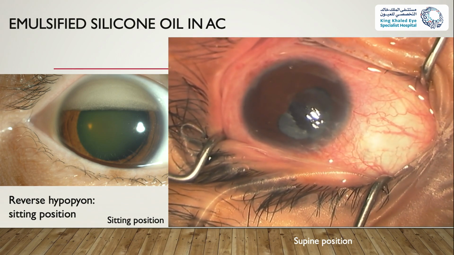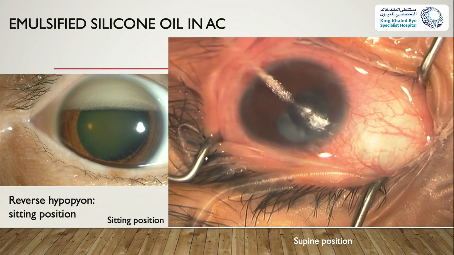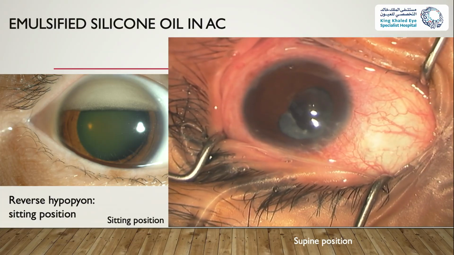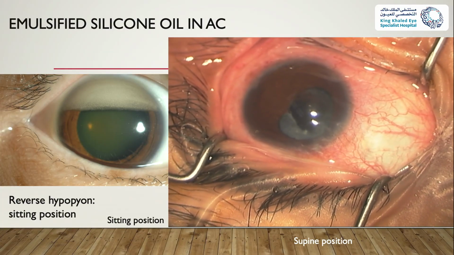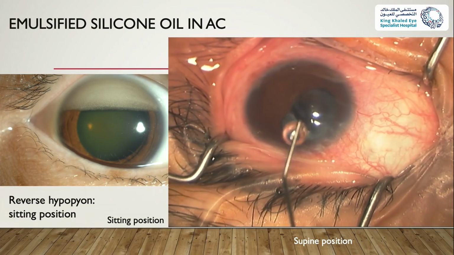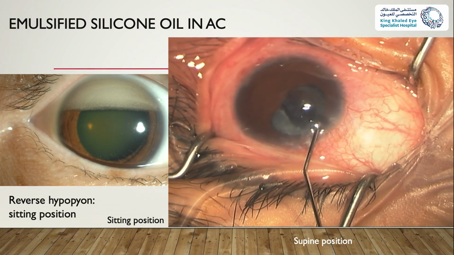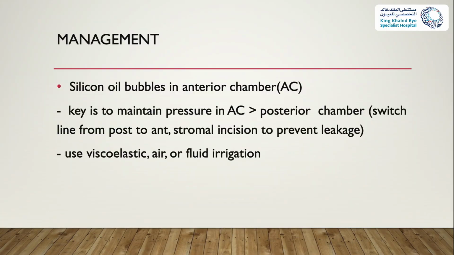So if you have this nice clear corneal incision in a tunneled fashion, then you can irrigate out the oil from the anterior chamber without having to worry about more oil coming from the back of the eye. The key is to make sure that the pressure in the anterior chamber is maintained. People have used viscoelastic to do so, and that's fine, but you have to deal with the pressure that builds up afterwards, and that can be a problem also.